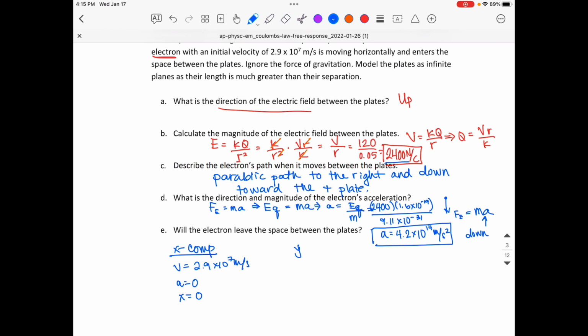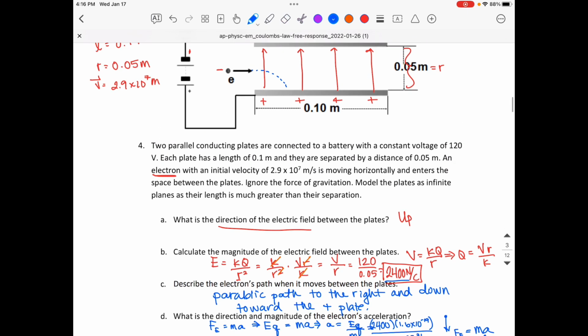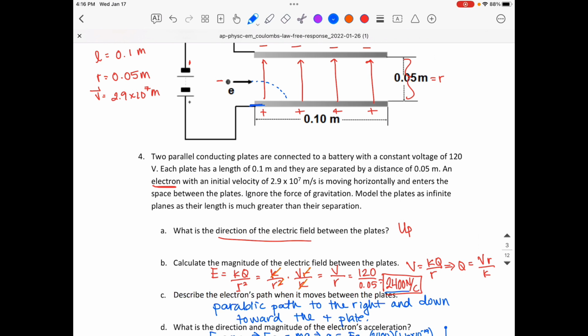The y component has a downward acceleration, so we can call it negative 4.2 times 10 to the 14 meters per second squared, since it's downward. We also have an initial y position. You can define it however you'd like to. I defined the 0 position to be here.